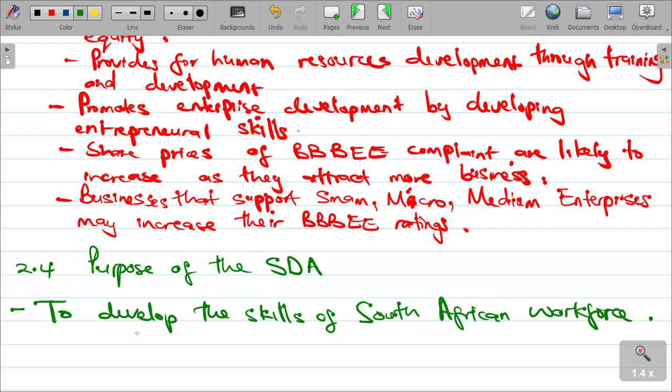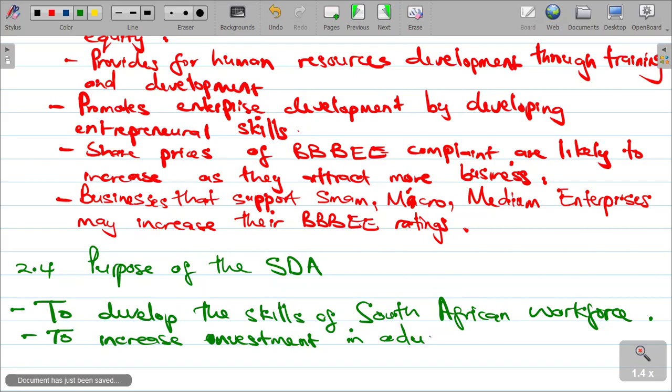Another purpose was to increase investment in education and training. They wanted to increase investment in education and training.